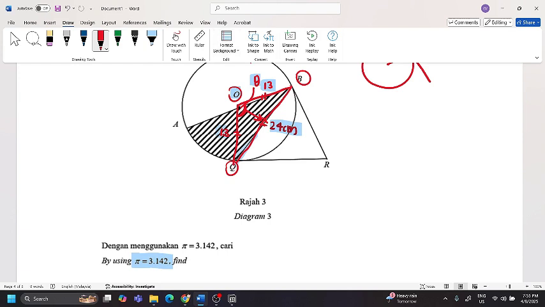Remember, this one is the angle and this one is 24. I'll show you again the general one.